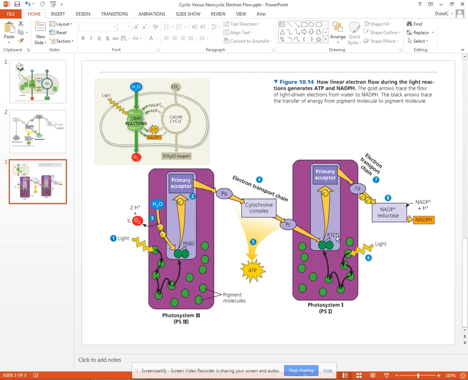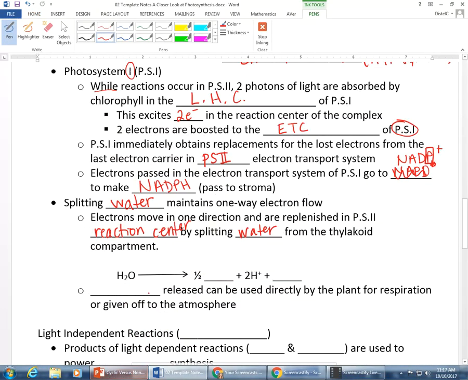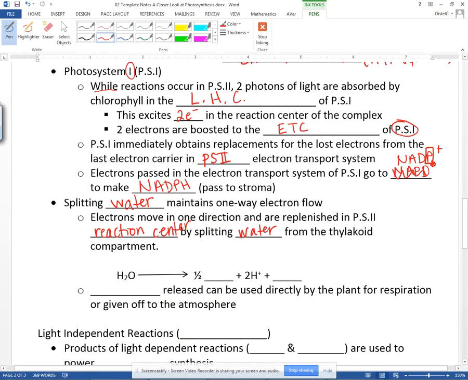So there's only one direction for them to go. So here's the equation for this. When you split water, you get 1/2 of that diatomic oxygen, 2 protons, and 2 electrons. The oxygen that is released can be used directly by the plant for respiration or given off to the atmosphere. There is going to be more of a net production of oxygen than what would be used during cellular respiration.